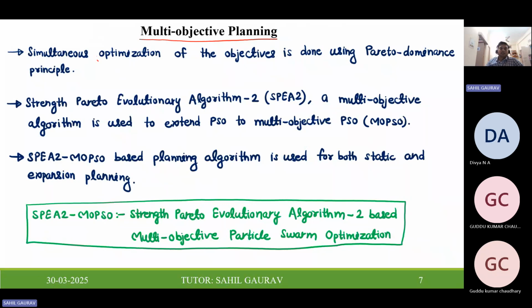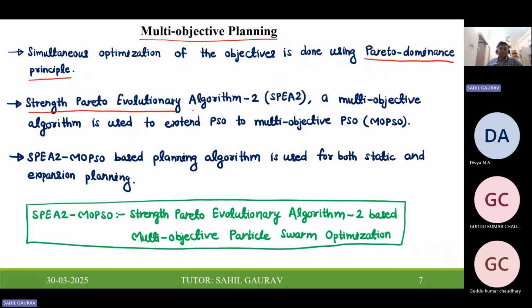So how do we do the simultaneous optimization? Simultaneous optimization of the objectives is done using the Pareto dominance principle, and the Strength Pareto Evolutionary Algorithm 2, SPEA2, a multi-objective algorithm, is used to extend PSO to multi-objective PSO. So SPEA2 is a multi-objective algorithm that extends particle swarm optimization to multi-objective particle swarm optimization.